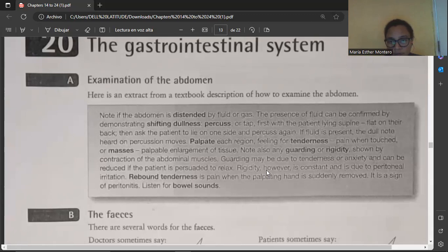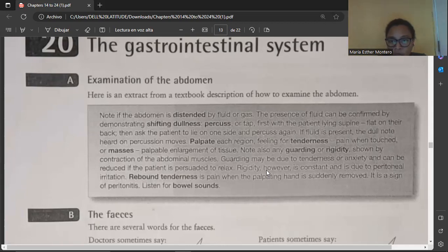Palpate each region, feeling for tenderness, pain when touched, and for masses, palpable enlargement of tissue. Note also any guarding or rigidity, shown by contraction of the abdominal muscles.